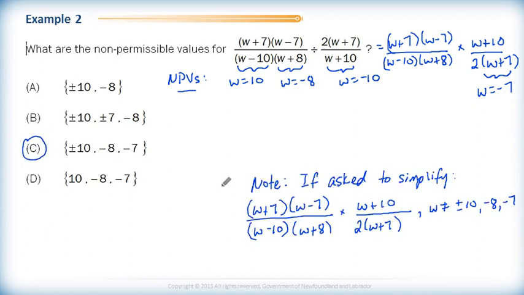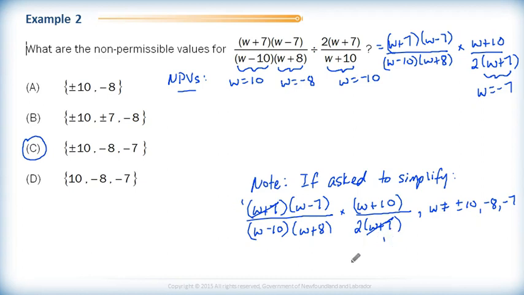Now, although this question didn't ask us to simplify, I'll just continue on and show what the simplification would be. The restrictions on the variable were found from the non-permissible values plus or minus 10, negative 8, negative 7. Now we can proceed to divide like factors. W plus 7 goes into w plus 7 once.